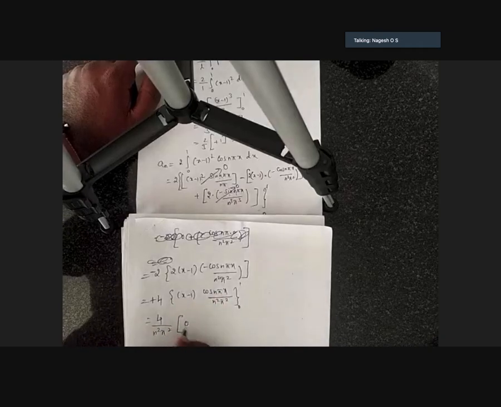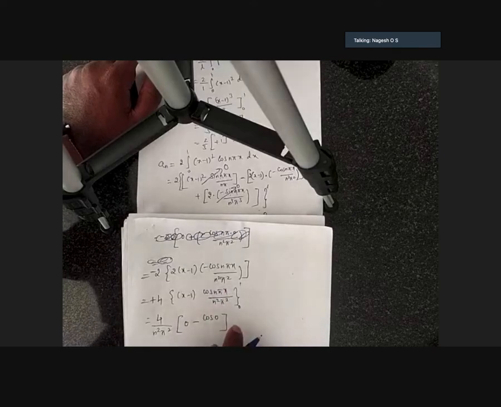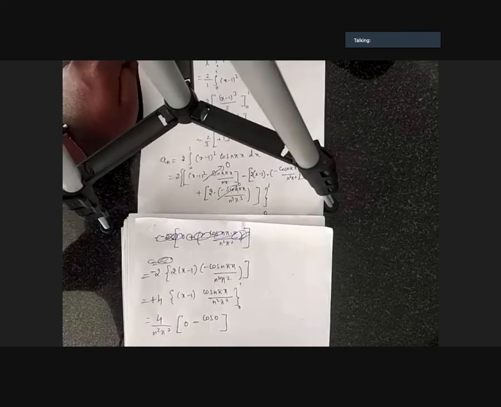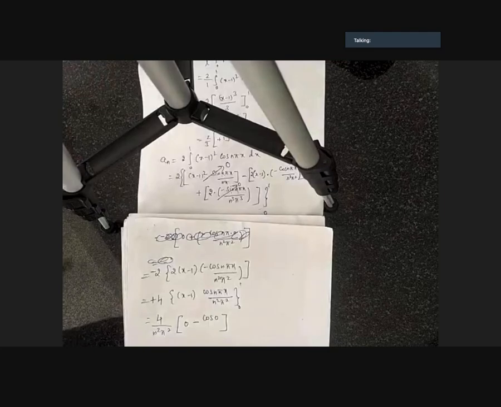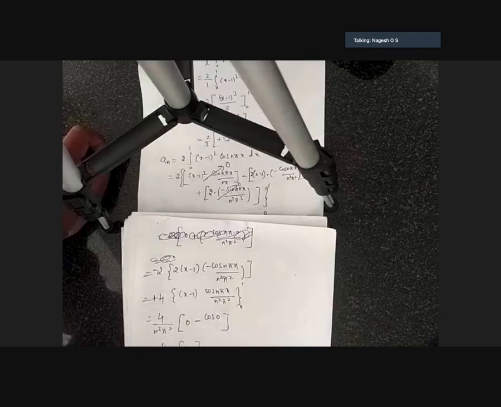Upper limit is 0 because 1 minus 1 is 0. For lower limit, cos 0, correct? For lower limit, cos 0. So 4 by n square pi square minus 1.